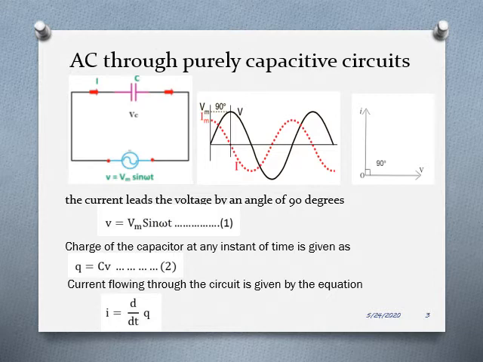The same concept is shown in the phasor diagram also. Keeping the voltage vector as reference, the current leads the voltage by an exact 90 degree.